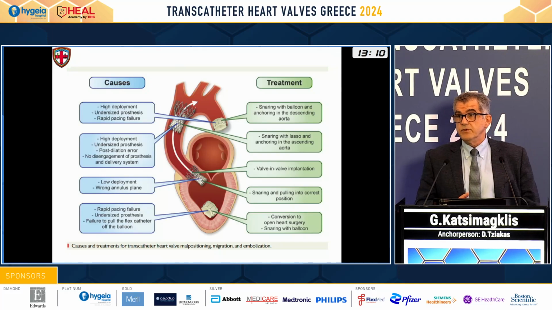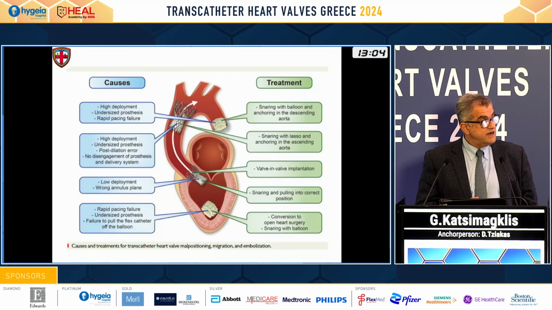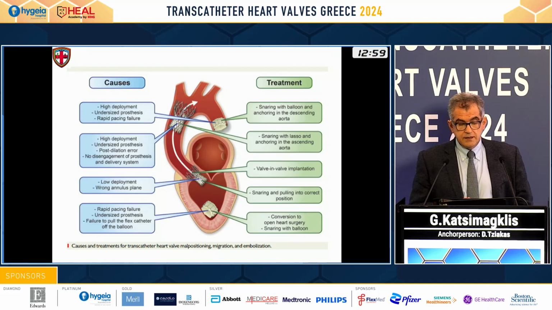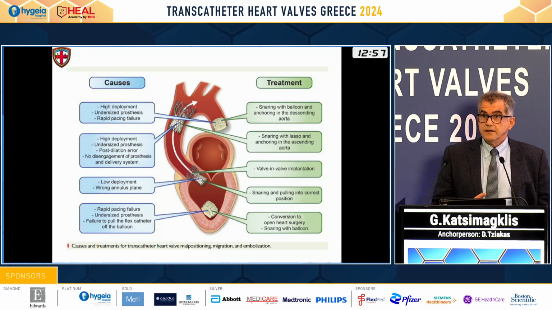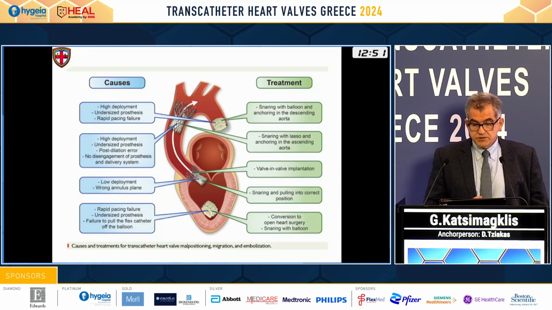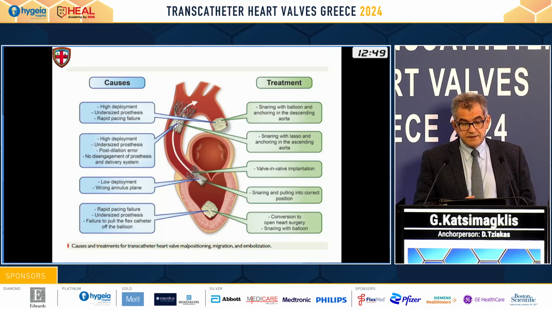When the embolism is toward the ventricular direction, for the self-expanding valves the causes are low deployment and the wrong annulus plane from the CT angiography. For the balloon expanding valves, the causes are rapid pacing failure and an undersized prosthesis.